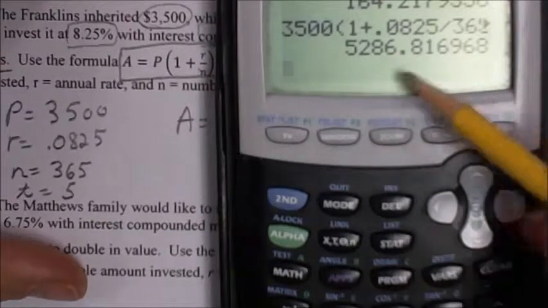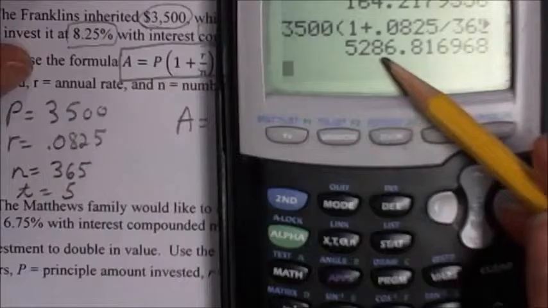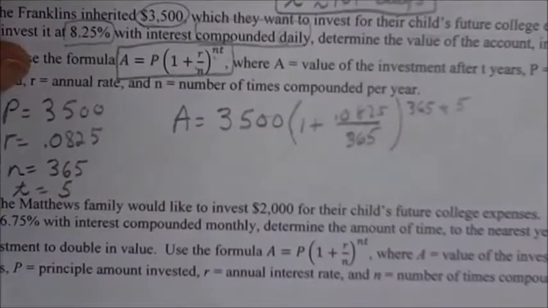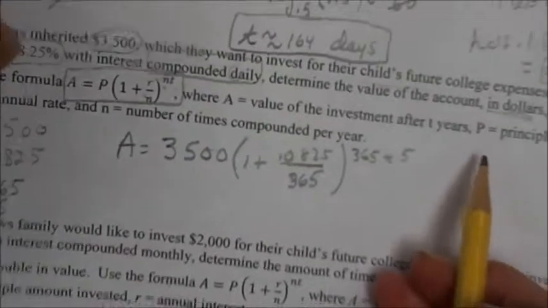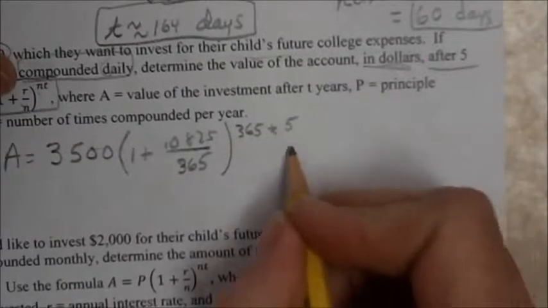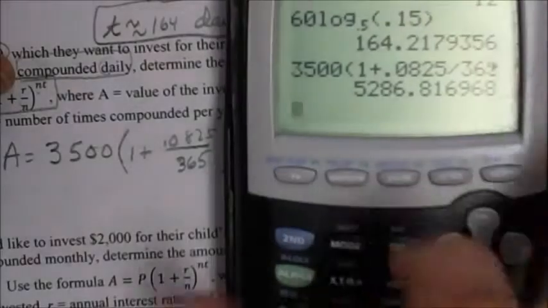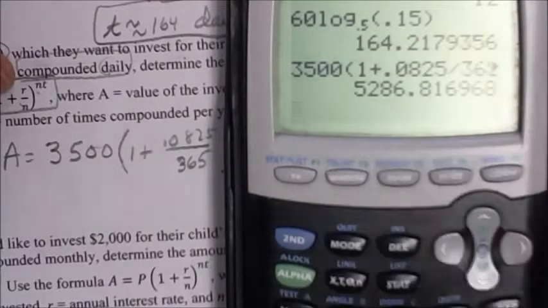And it looks like the Franklins will have $5,286.82. And in dollars, I'm assuming that they want it rounded to the nearest dollar, so that's approximately $5,287.